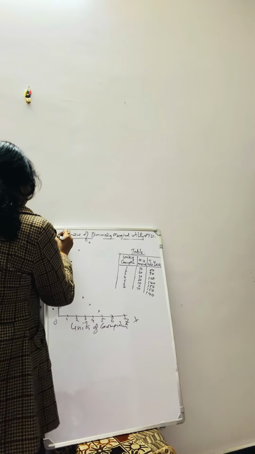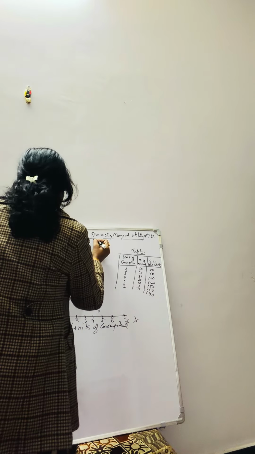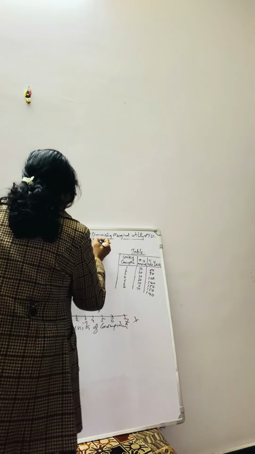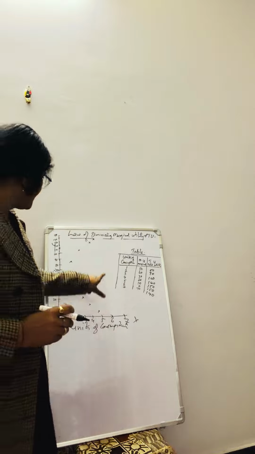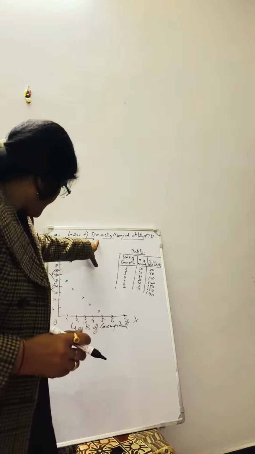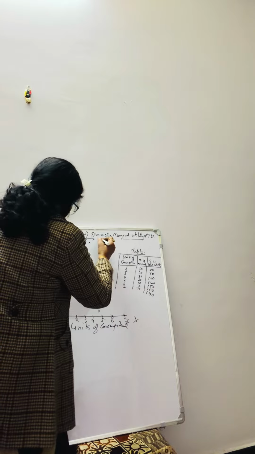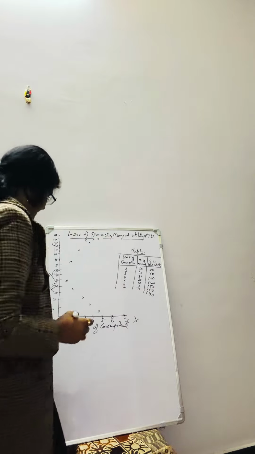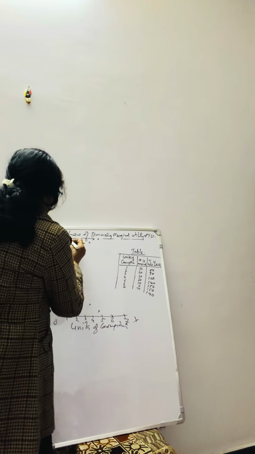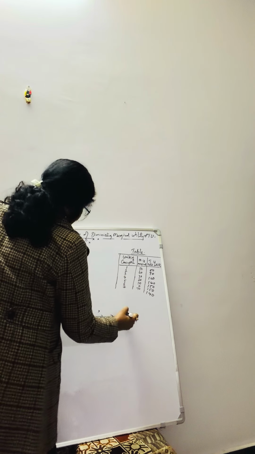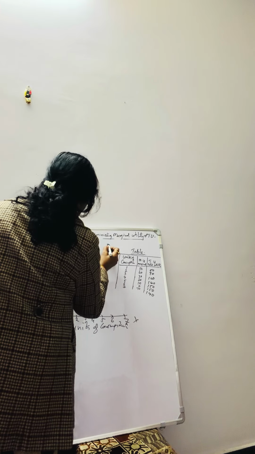Fifth unit gave the 150 here. The sixth unit gave 0, so it remains 150. And now the seventh unit gave the minus. Minus 10 is 140. You look here, it is 140.